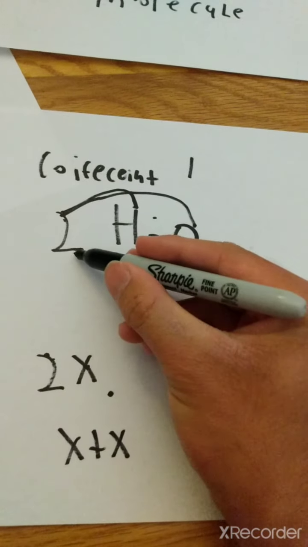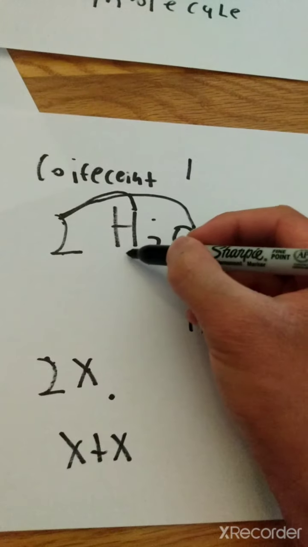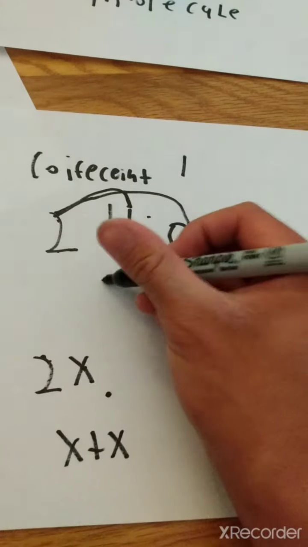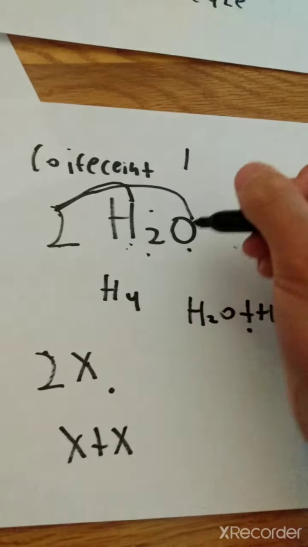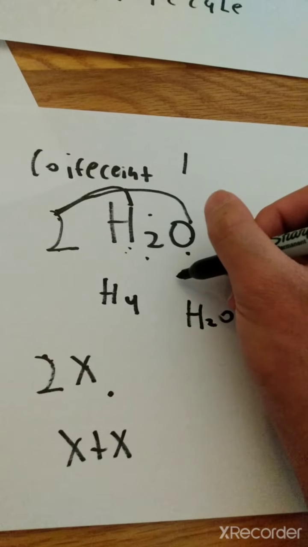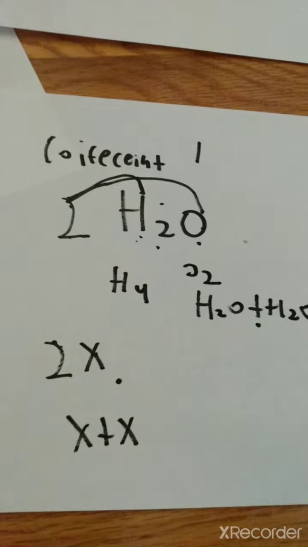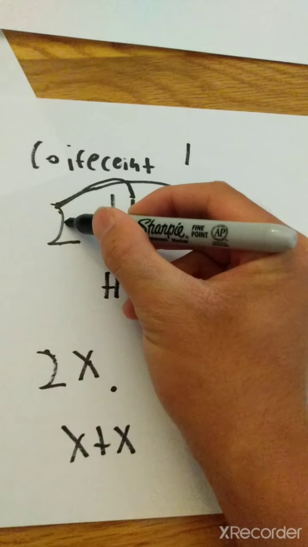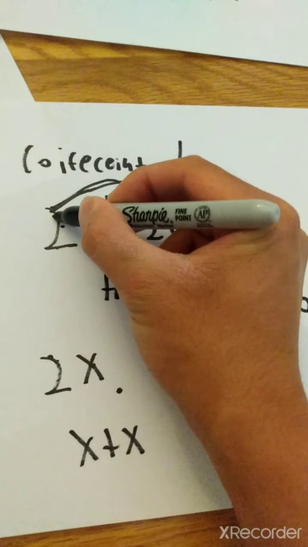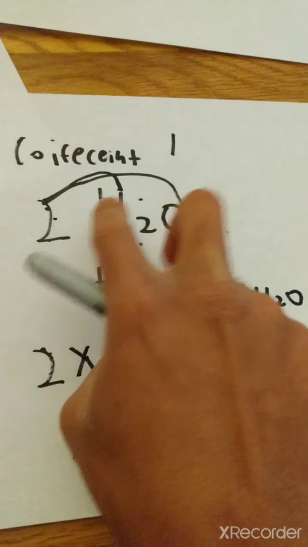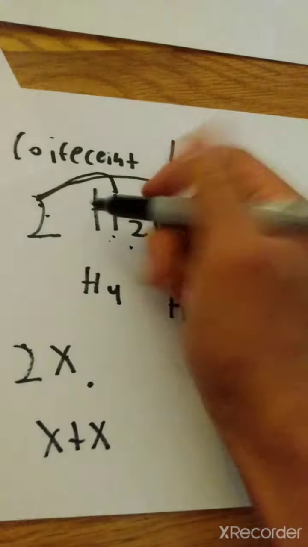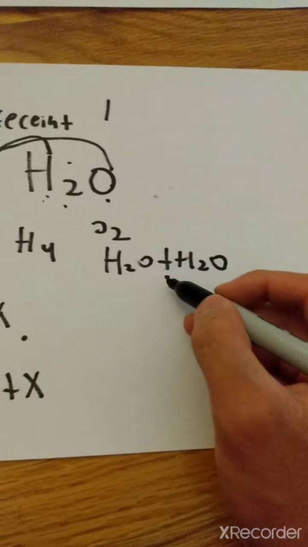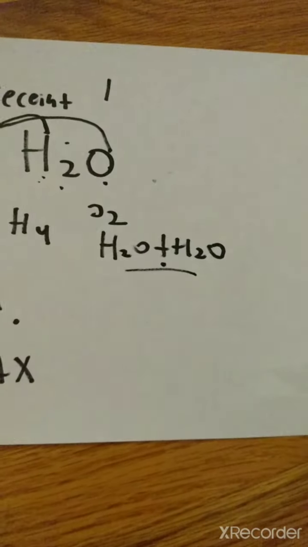Since there are 2 molecules of hydrogen and oxygen bonded together, hydrogen is now 4 atoms, and oxygen now has 2 atoms. This happens if there's a coefficient, because the coefficient tells you to double this and tells you how many molecules there are, because no one wants to write it in that long form.